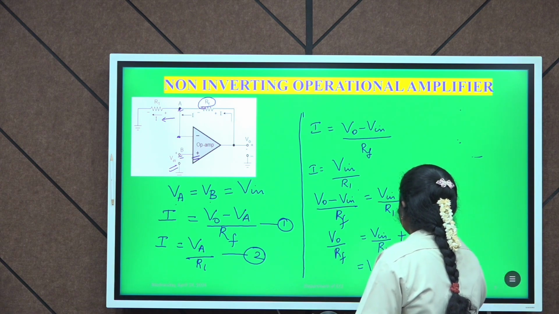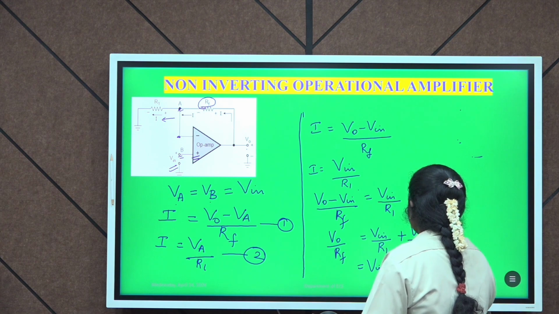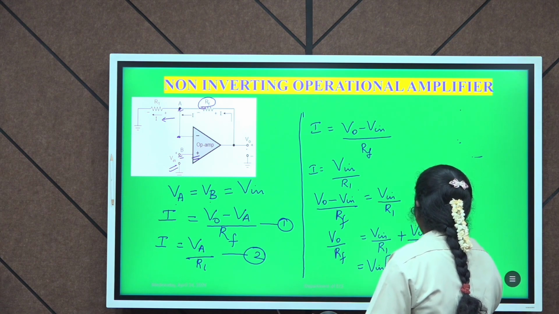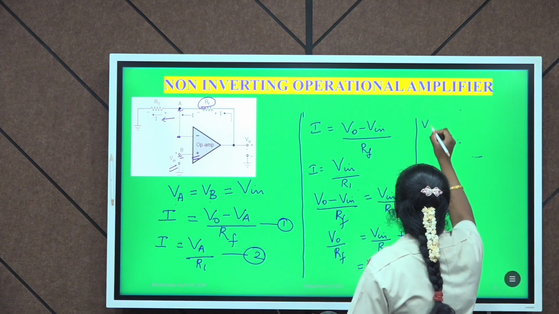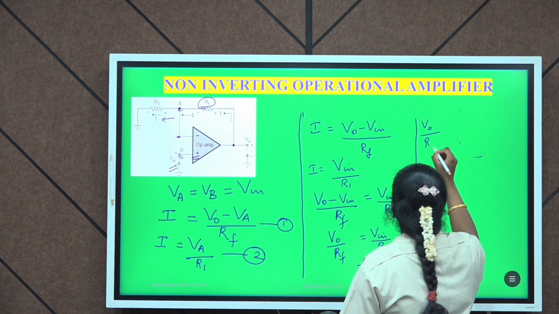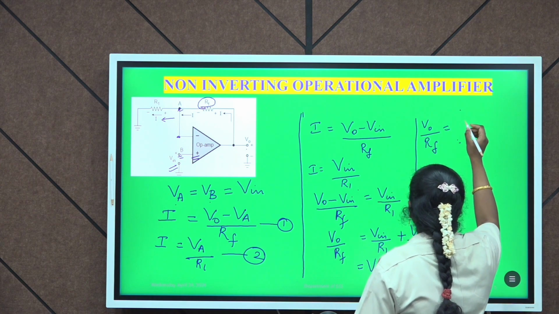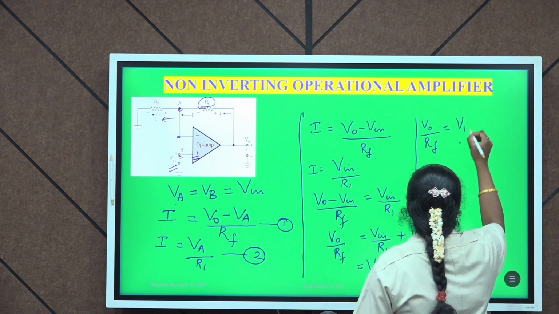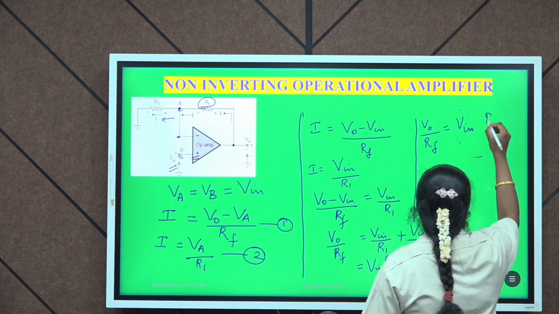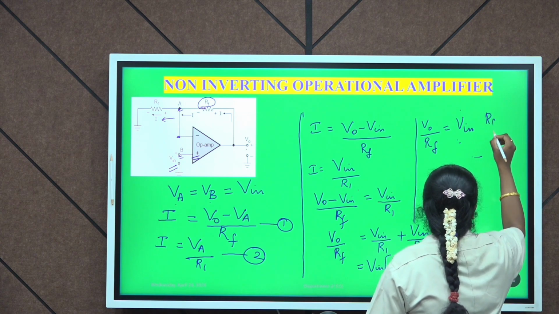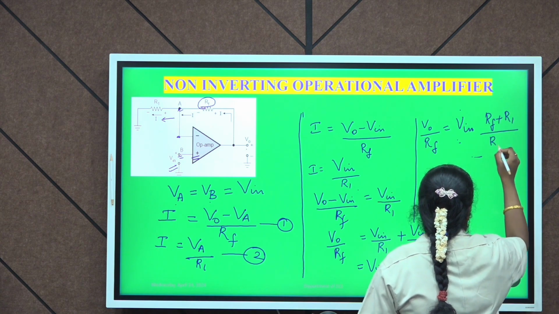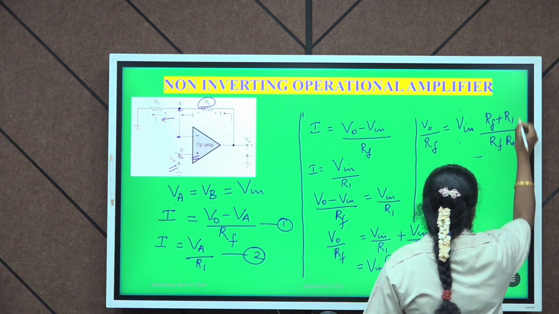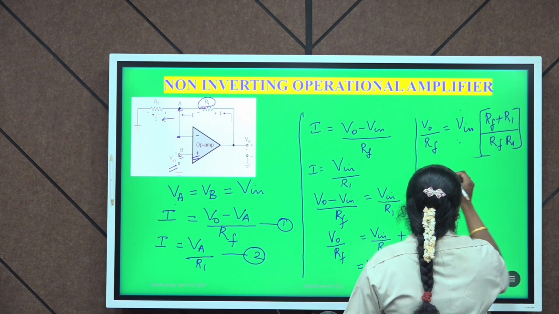From this, take V in as common, so you can write it as 1 by R1 plus 1 by RF. So the equation can be written as V naught divided by RF is equal to V in times RF plus R1 divided by RF into R1.